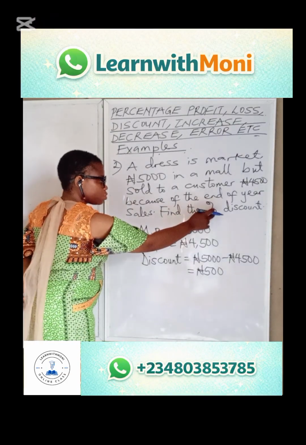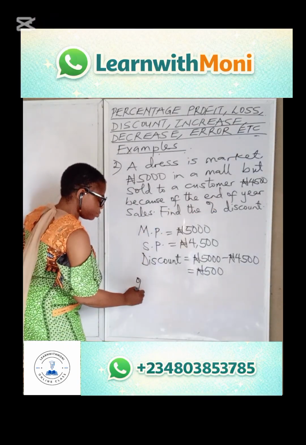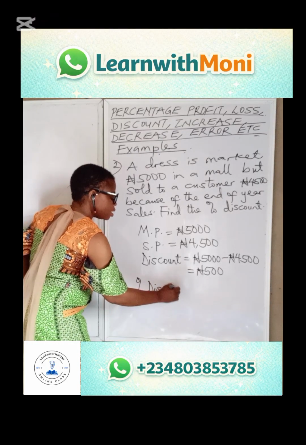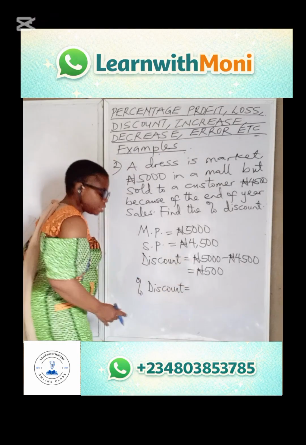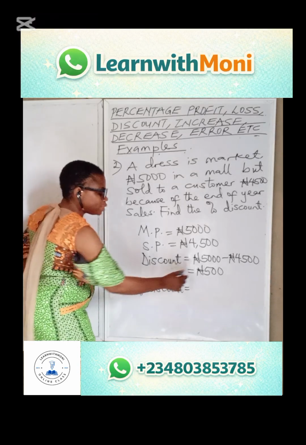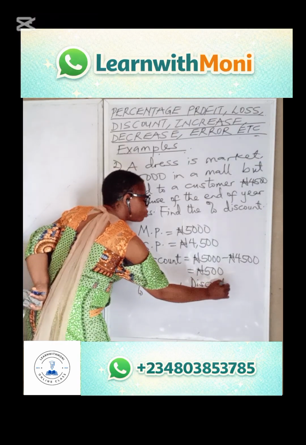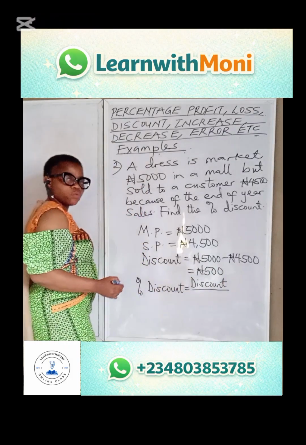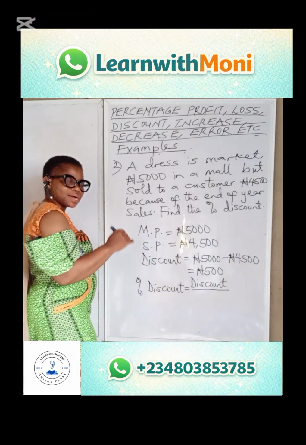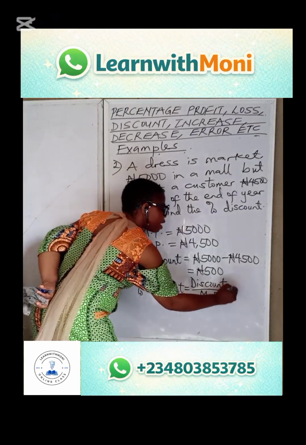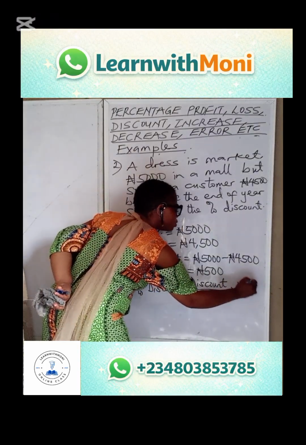Now, we want to calculate the percentage discount. The percentage discount is going to be the actual discount over the original price the seller wanted to sell it, that is the marked price, times 100% over 1.